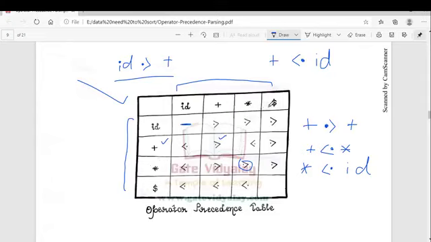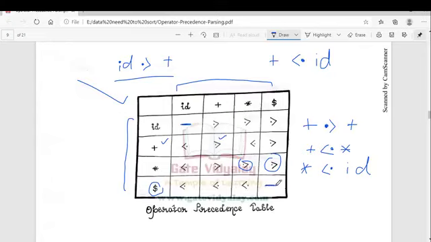Now multiplication and dollar sign. Multiplication's precedence is higher than dollar sign, so the open mouth should be over multiplication. Lastly, dollar sign and id, plus, multiplication: they all have higher precedence, as dollar sign always has the lowest precedence.